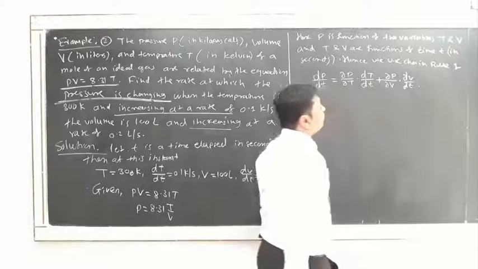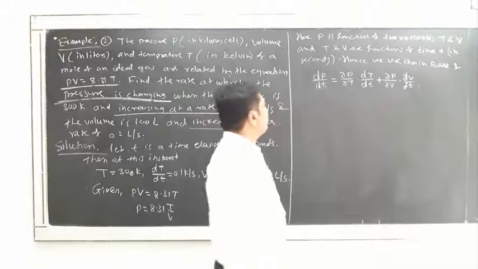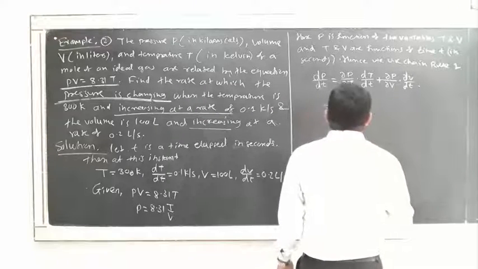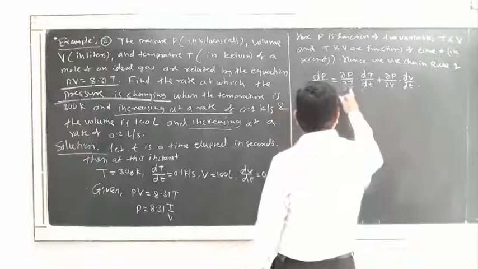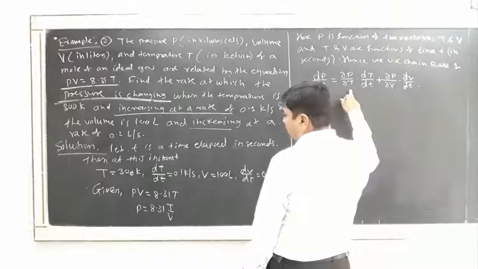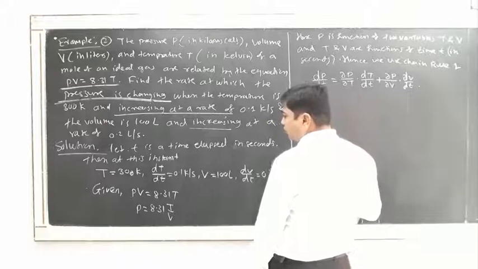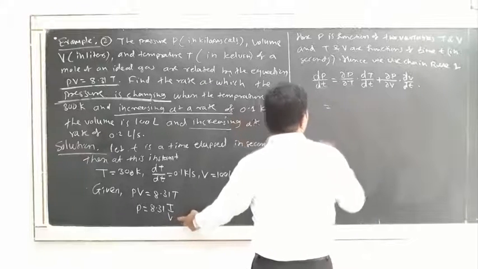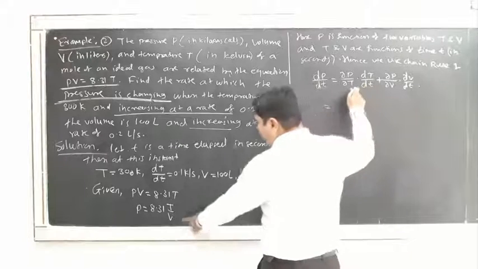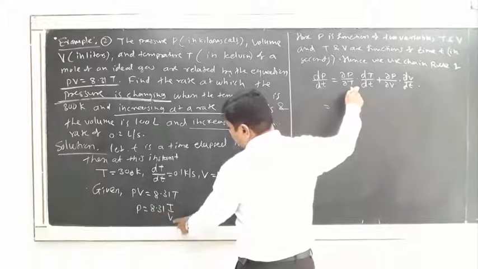Now just put in the values. First find ∂P by ∂T from this equation.